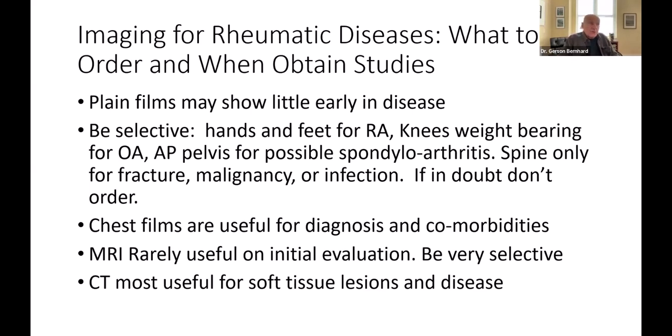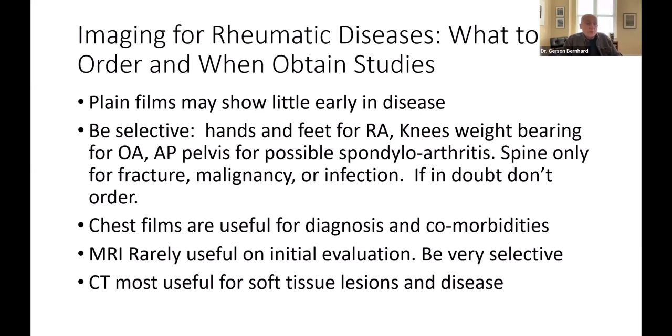And which films should you be getting? I would say, if you're concerned about that, hands and feet for RA, weight bearing knees for osteoarthritis, an AP pelvis if you're questioning inflammatory spondyloarthritis.